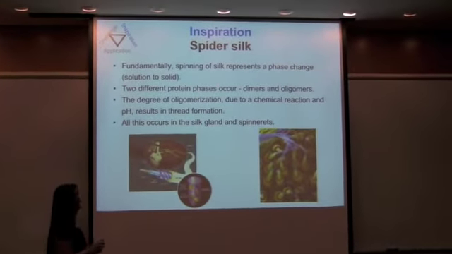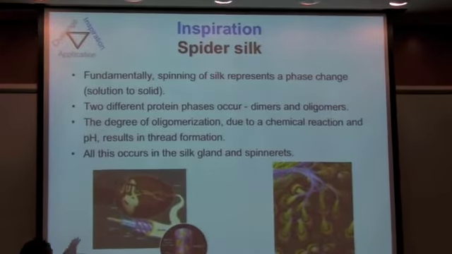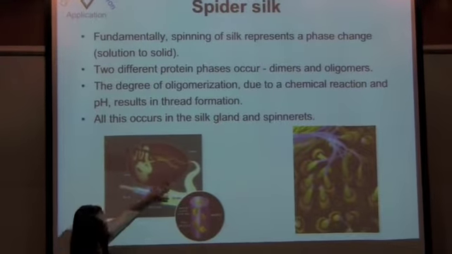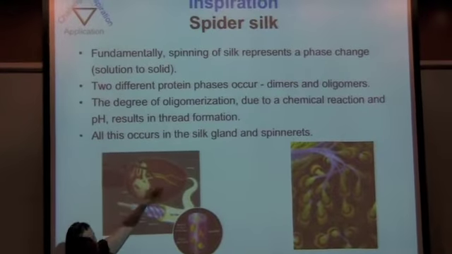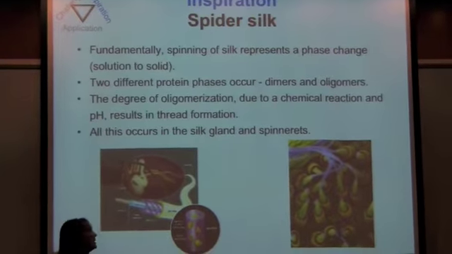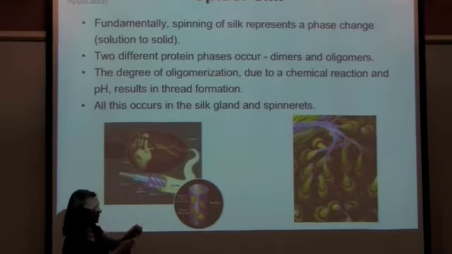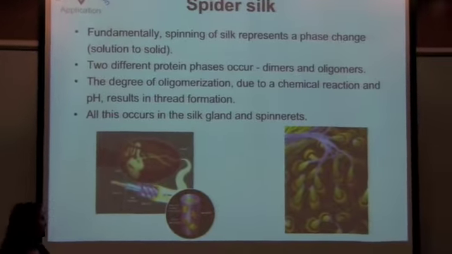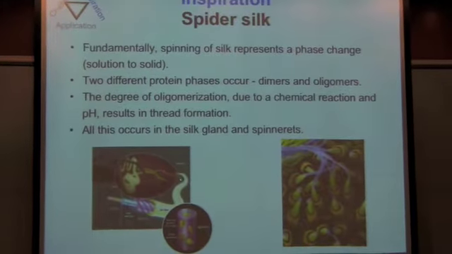Fundamentally, spinning of silk is a phase change. Here's the abdomen of a spider. In it are the components that are usually in a liquid form, and as it comes out of what's called the spinneret, it becomes a solid. So there's already a phase change that happens at ambient temperature.